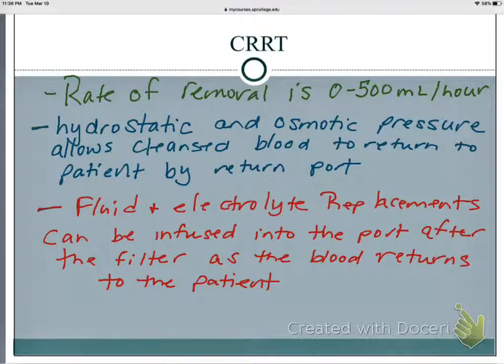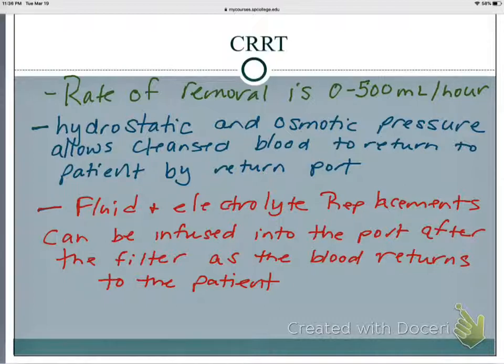Again, it works by the blood being cleansed and then returned to the patient by the return port, like we said. Fluid and electrolyte replacements can be infused into the port after the filter as the blood returns to the patient. So they can replace their potassium or magnesium or phosphorus right there, right through the machine, which is kind of nice, huh?